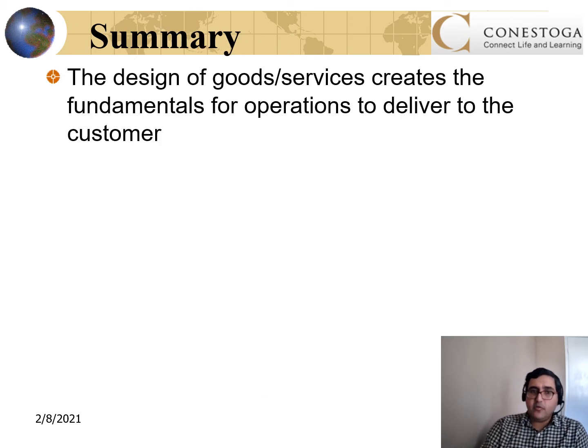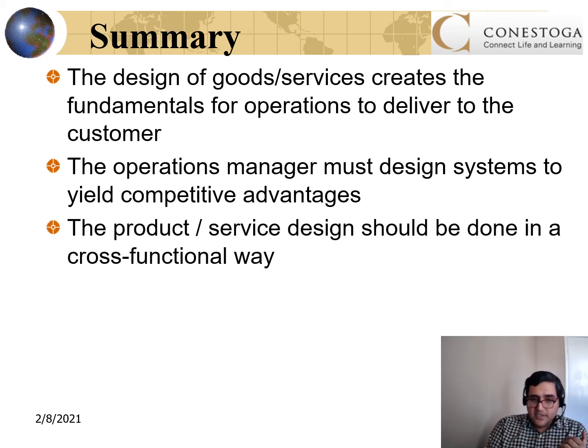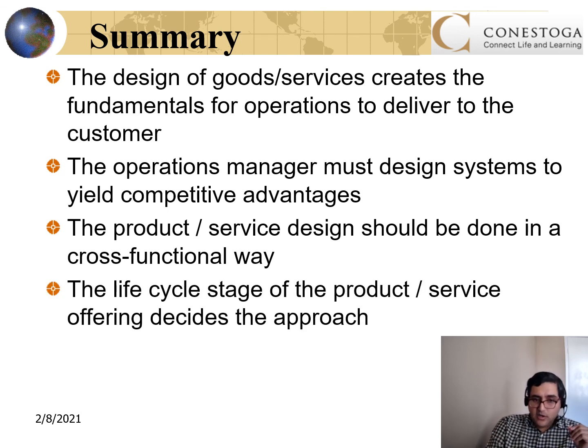So the quick summary of what we did. Design of goods or services is very important because it adds value to the customer. As an operations manager, you should design systems so that you are able to get competitive advantage. It should be done in such a way that there is a proper interaction between the various teams involved, so there's cross-functionality involved.